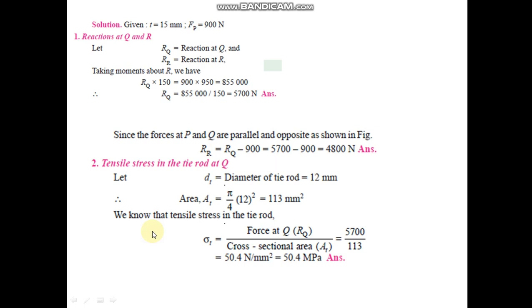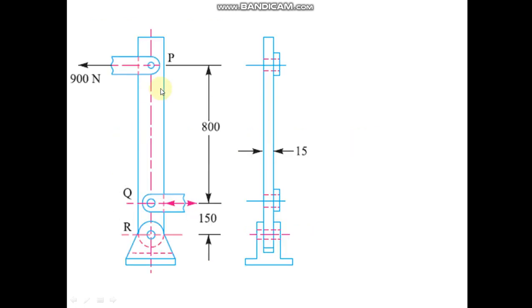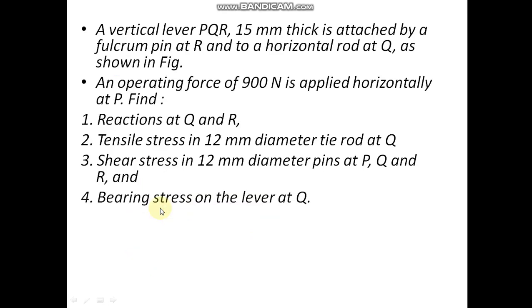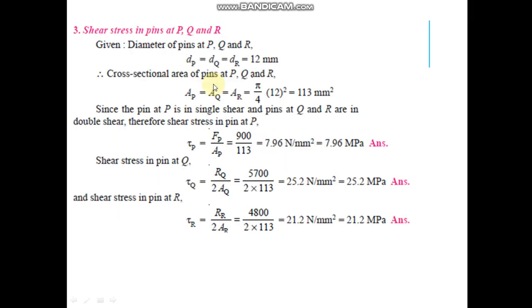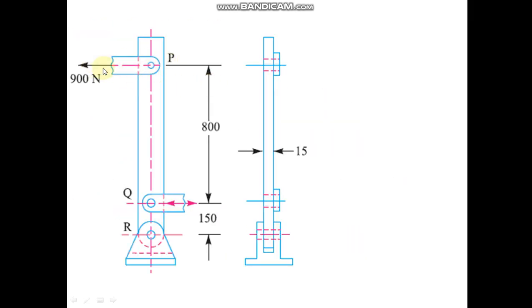So this becomes RQ into 150. This RQ at a distance of 150 is equal to 900 into 950. Means this 900 at a distance of 800 plus 150 means 950.